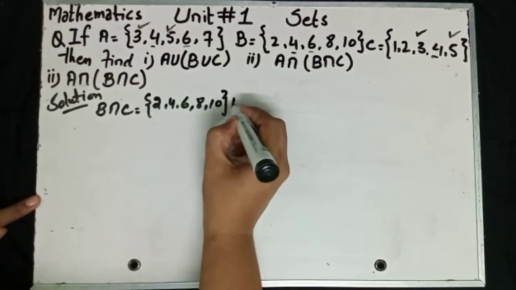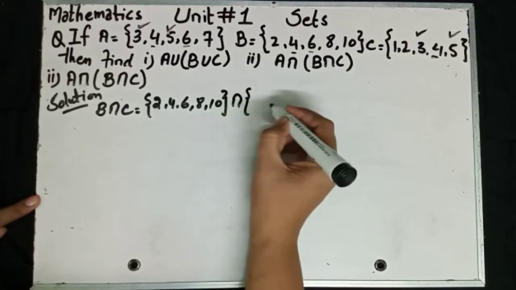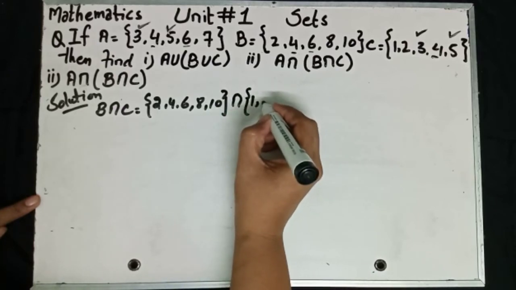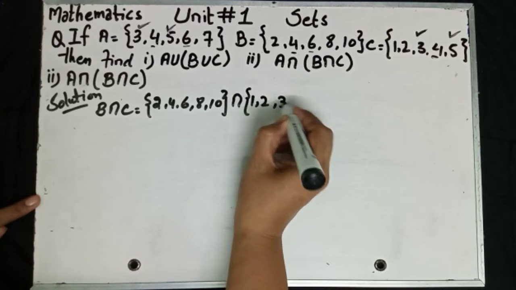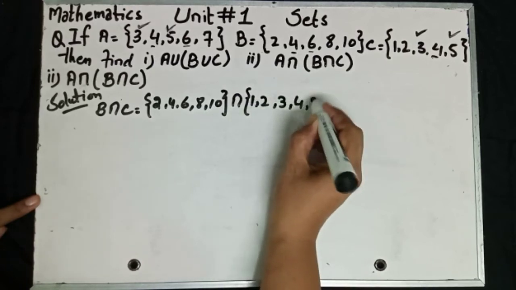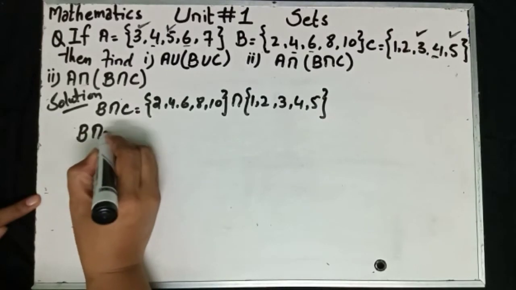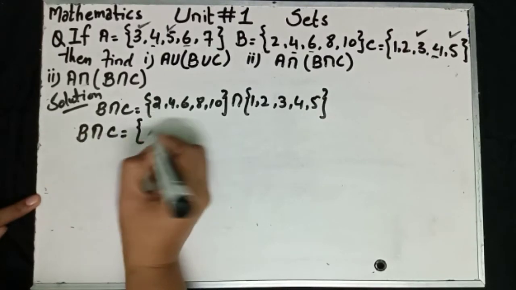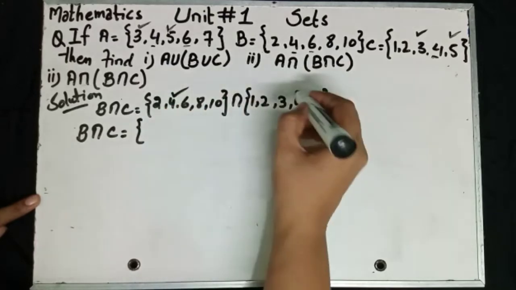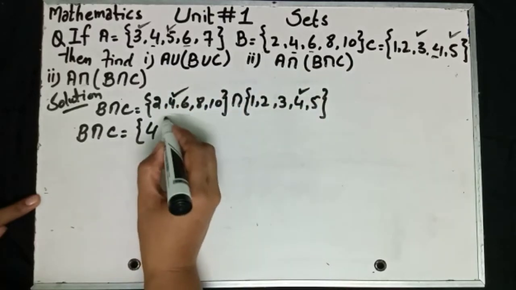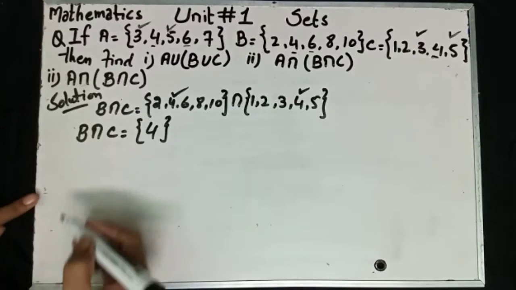Put intersection sign. Elements of set C: 1, 2, 3, 4, 5. In intersection we just take out the common element. So between them the common element is 4.